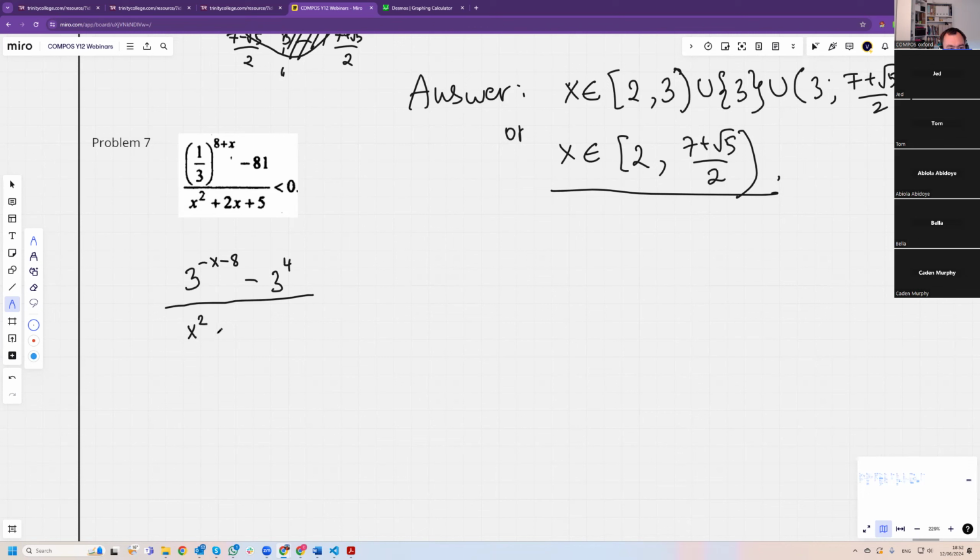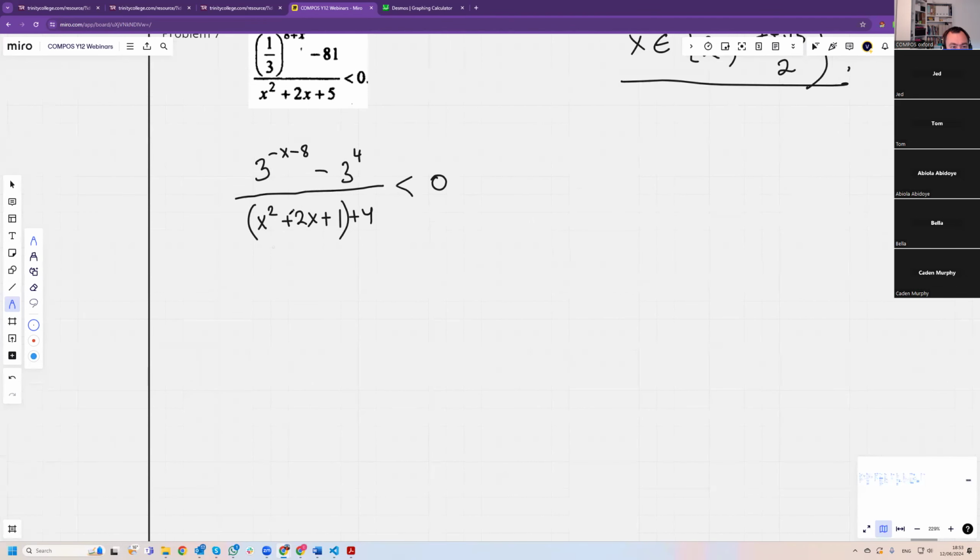So x squared plus 2x plus 1 plus 4. I can complete the square here and show that it is 3 to the power minus x minus 8 minus 3 to the power 4, divided by (x plus 1) squared plus 4.